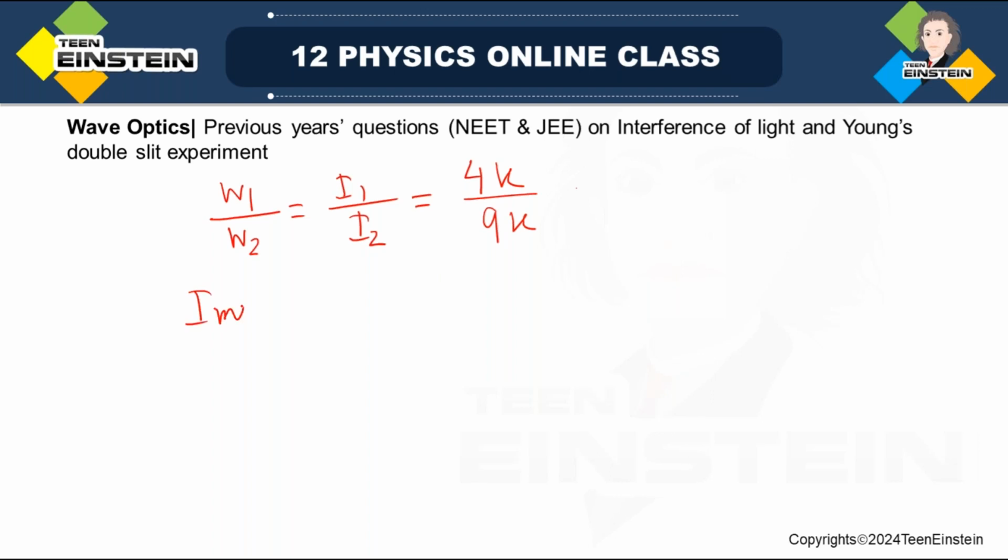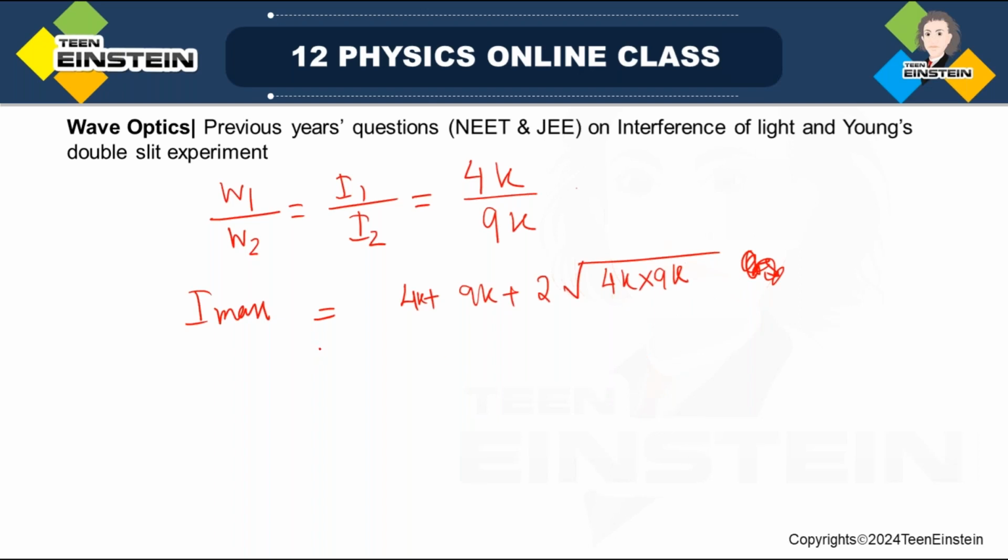So Imax will be actually I1 plus I2 plus 2 into root over 4k into 9k and cos phi. For maximum intensity, cos phi is equal to 1.